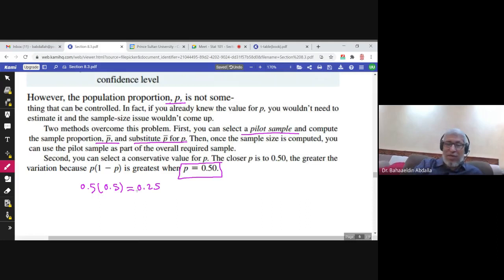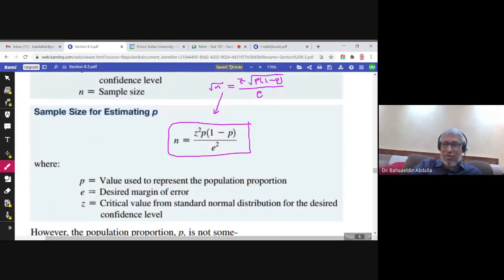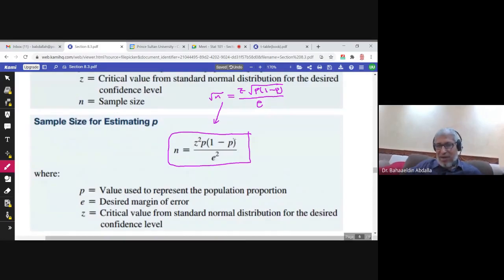This would give you the maximum value, the greatest value for P times 1 minus P. So you are on the safe side and you will find the N, even if it would be a generous N here. You will find the suitable N, okay?